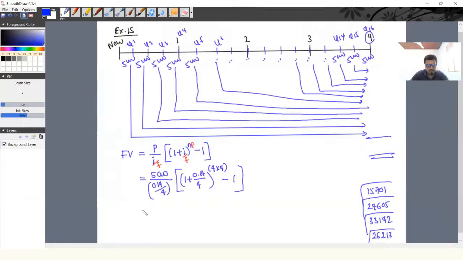So what should be the final answer here? Let's simplify it further. 5,000 over 0.14 over 4.